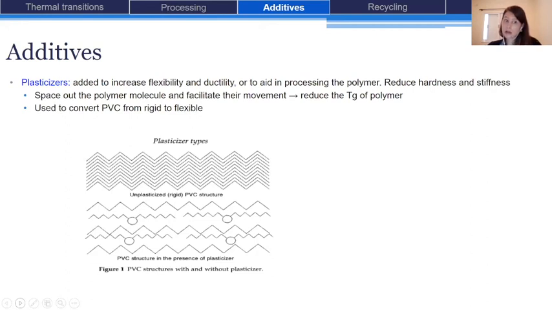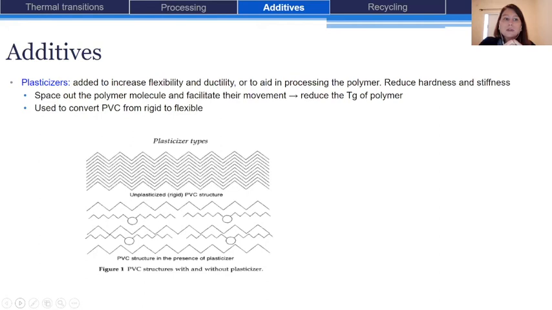In fact, plasticizers are small molecules that will find a place between the macromolecular chains and will create free volume between these molecular chains. And by creating these spaces between the chains, it will facilitate the movement of the chains. And so, as a consequence, it will reduce the glass transition temperature of the polymer.